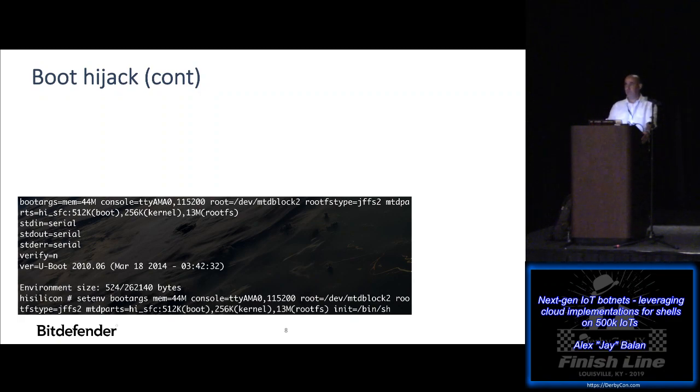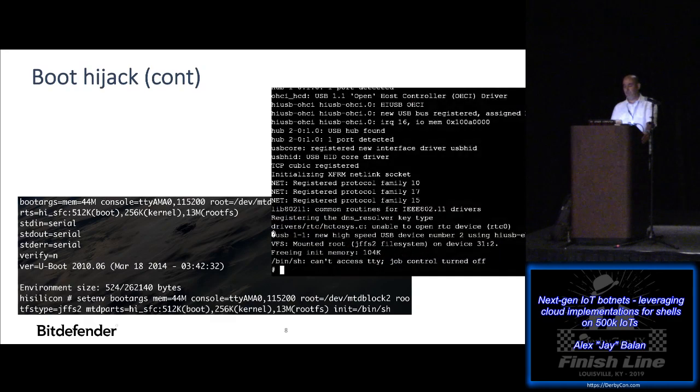You just stop the bootloader via the serial interface, and you pass all those flags to the bootloader, and it's going to drop you into a shell that you can use to change the password and then get access to the firmware. So this is basic stuff that you want to know if you want to get into hacking IoTs. Now to the topic at hand.